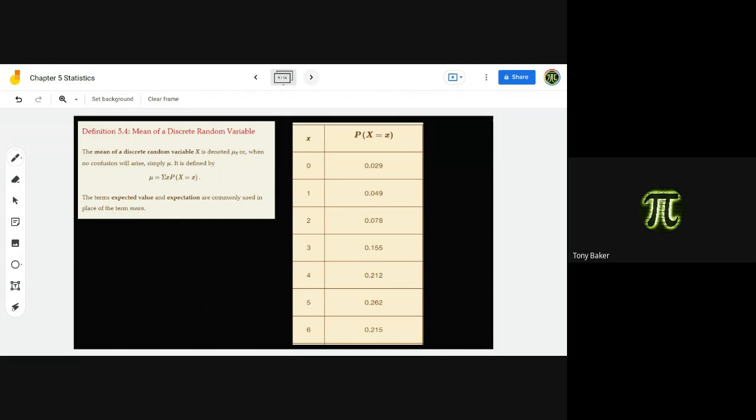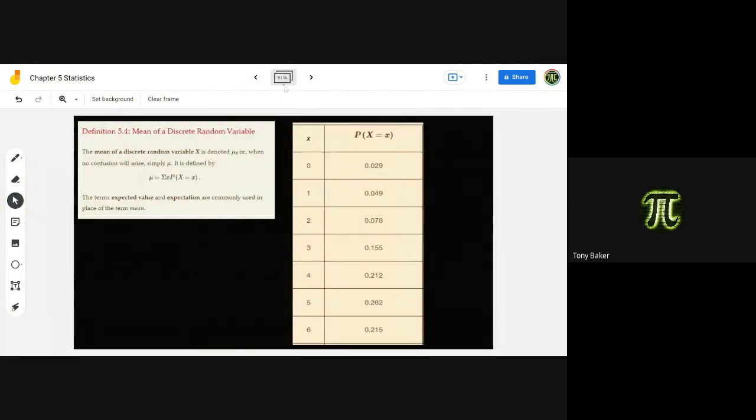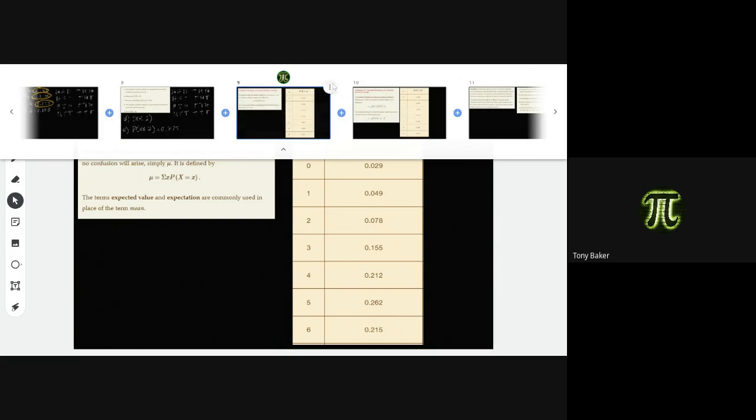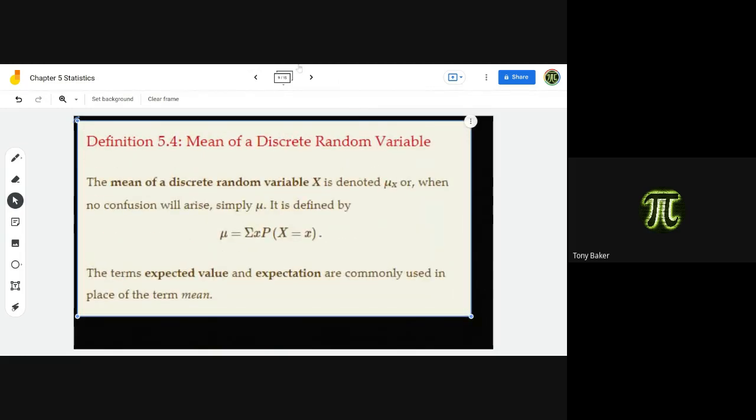Just like we did before with other calculations, we need to be able to figure out our mean and our standard deviation. So there's the standard, there's the mean. So you can write that down.